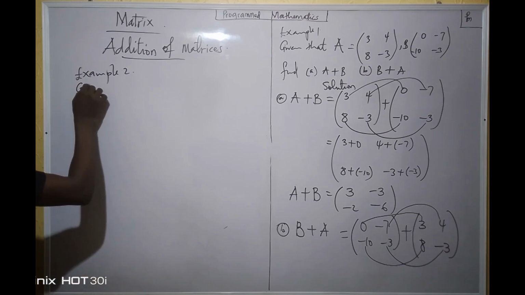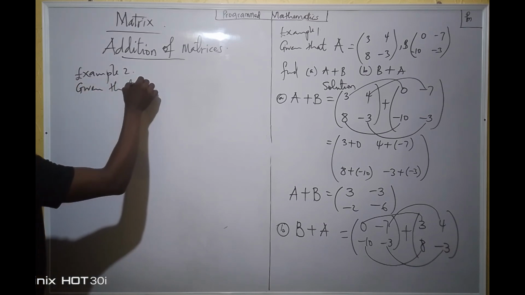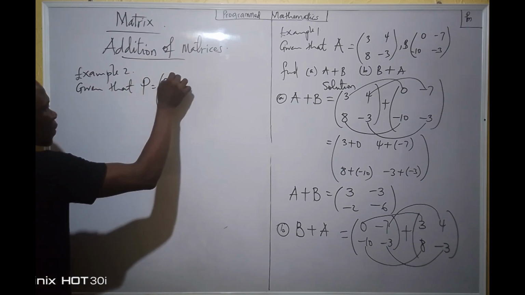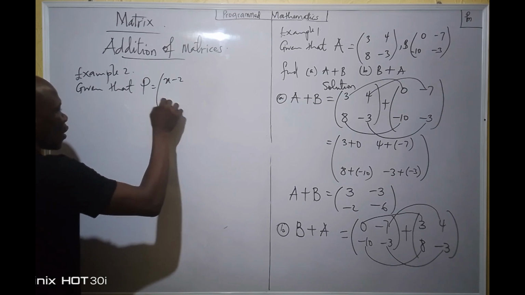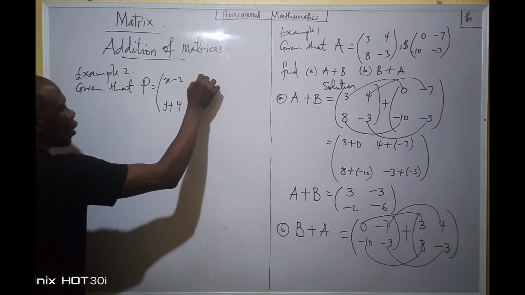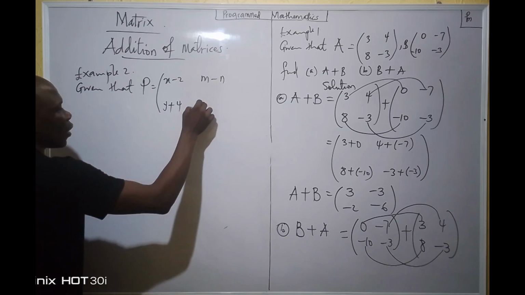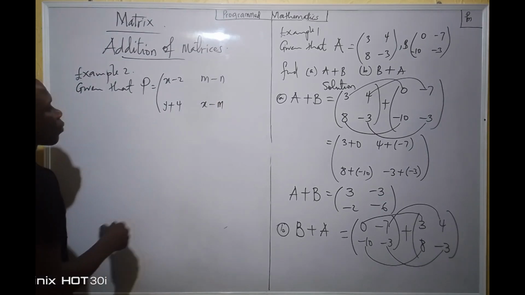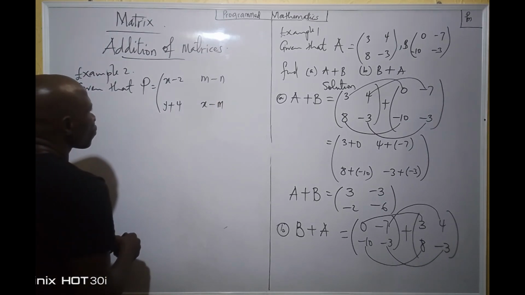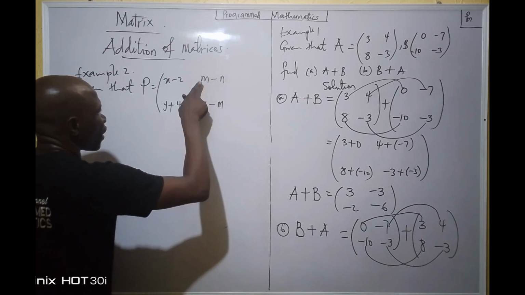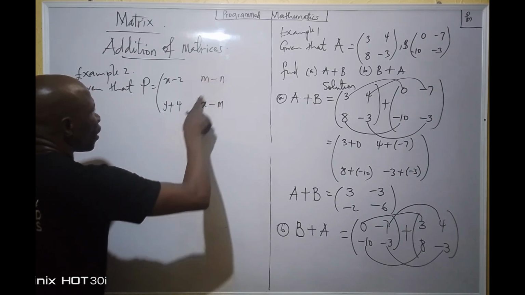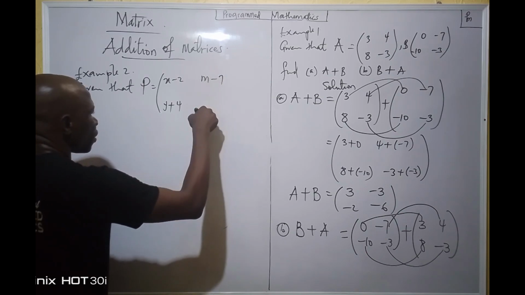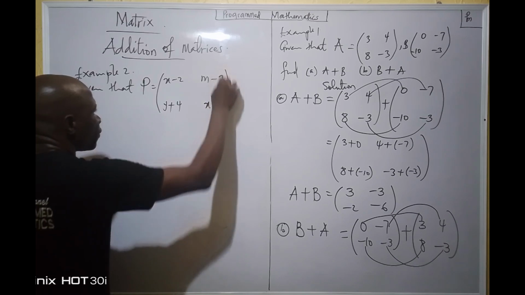We have that given that matrix P is the matrix x minus 2, y plus 4, m minus 7, xn. Let's just call this one xn.